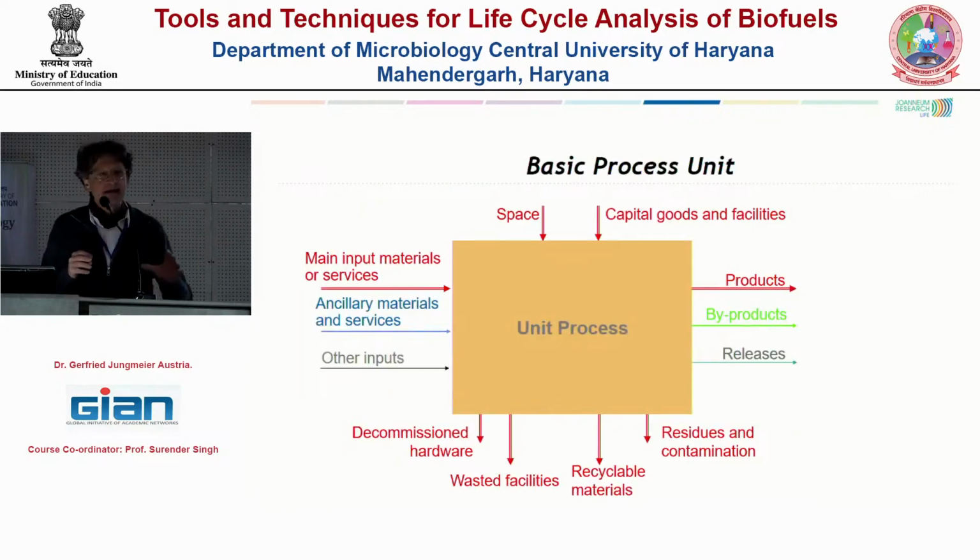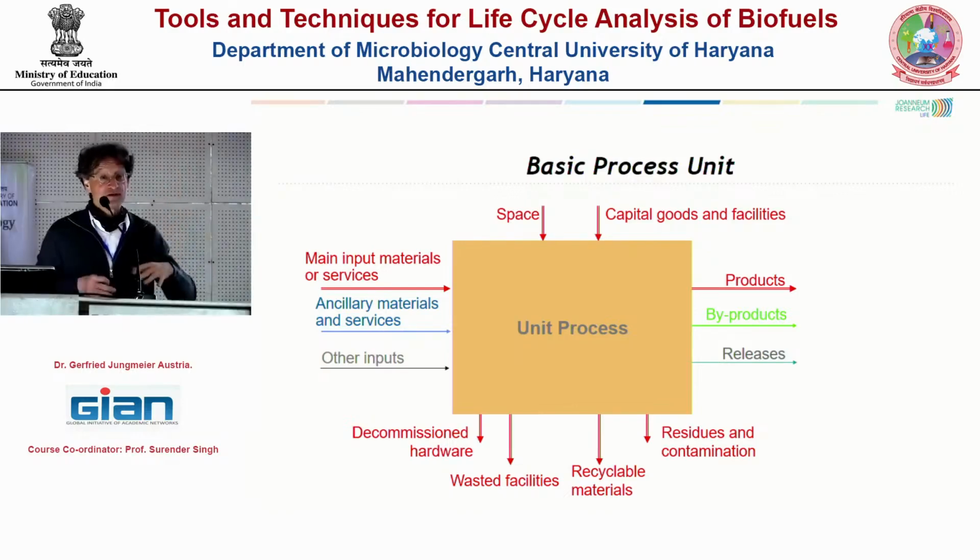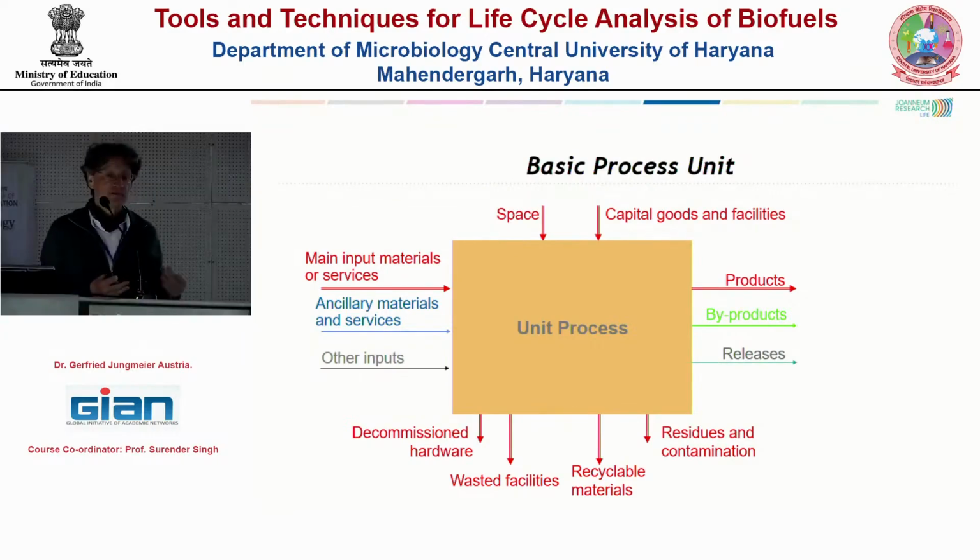We've seen yesterday, if you build up a process chain starting in nature and ending with your product, you have these different so-called unit processes. Your system is split up into the main unit processes, and for each of these unit processes, you have to know what's going in and what's going out.